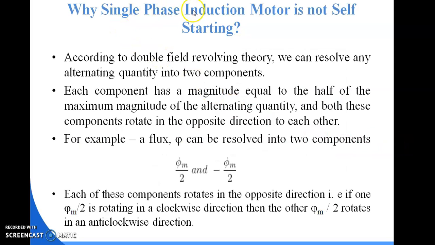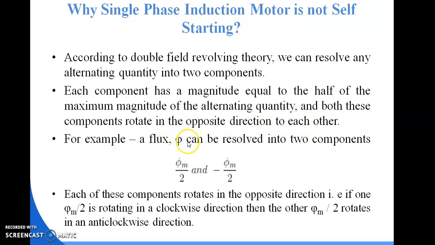Why is a single phase induction motor not self-starting? According to double field revolving theory, we can resolve any alternating quantity into two components. Each component has a magnitude equal to half of the maximum magnitude of the alternating quantity, and both these components rotate in opposite direction to each other.